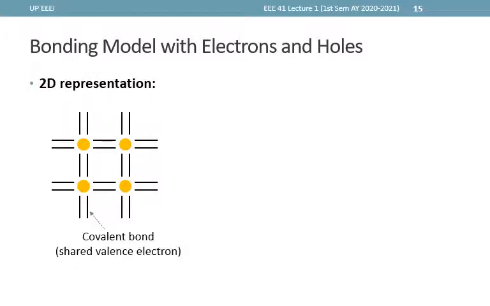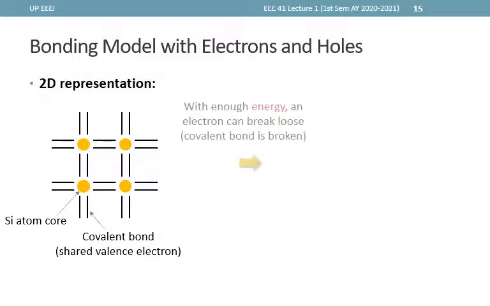Again, in this representation, covalent bonds or shared valence electrons are represented by solid lines. And here we can see the silicon atom core. So these black lines are actually our valence electrons.